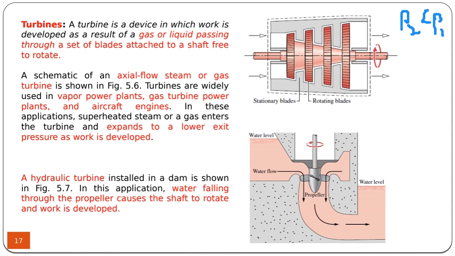This is a hydraulic turbine used in a hydroelectric plant, where there is a height of water, which has potential energy, like in a dam. So as the water flows through the turbine, the potential energy is converted to work. In this case, work is obtained by the reduction of potential energy versus the reduction of kinetic energy here.